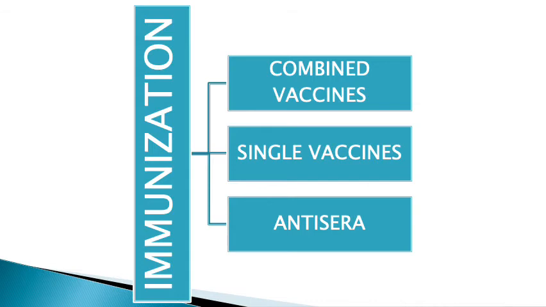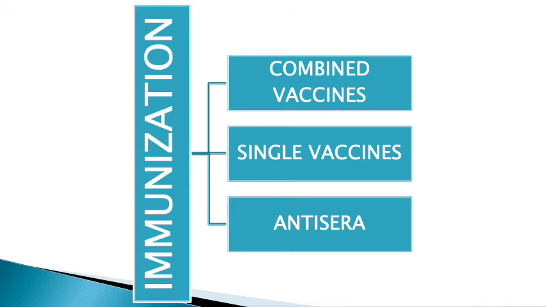First is the combined vaccines like DPT, diphtheria pertussis tetanus vaccine, DTPw, that is diphtheria tetanus whole cell pertussis, DTPa, that is diphtheria tetanus acellular pertussis, DT, that is diphtheria tetanus toxoid, small dt, that is diphtheria tetanus adult type, pentavalent, that is diphtheria, tetanus, pertussis, hepatitis B, and Hib vaccine.